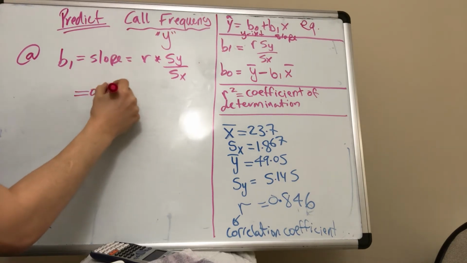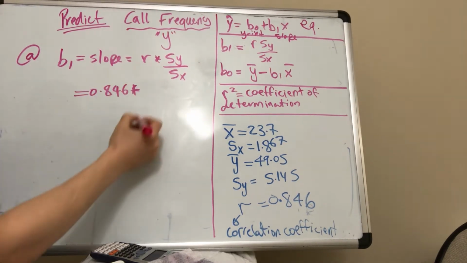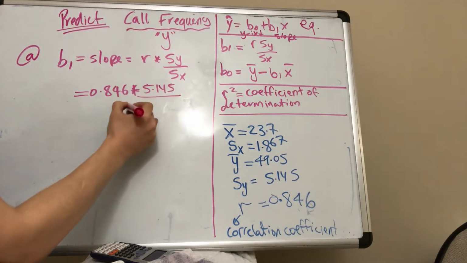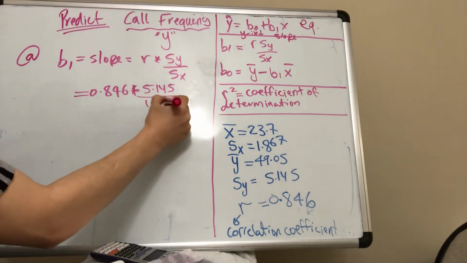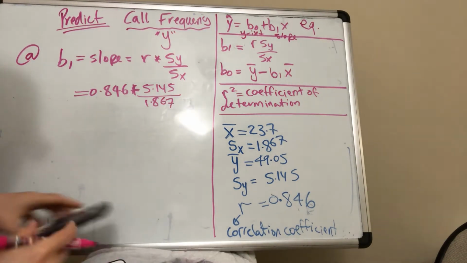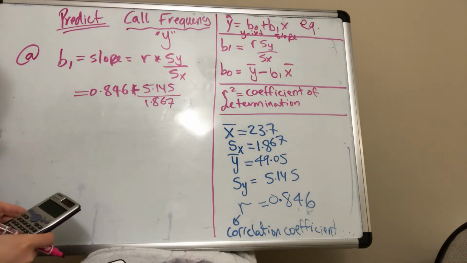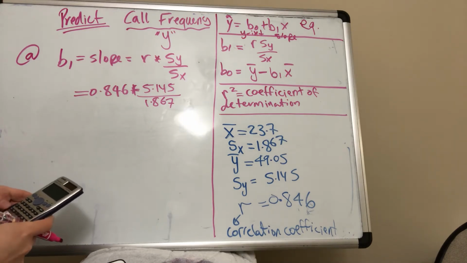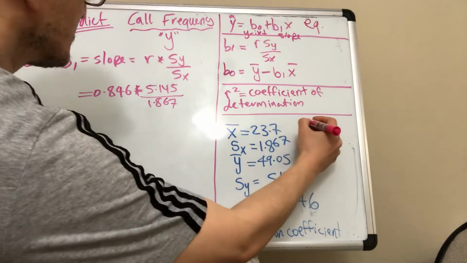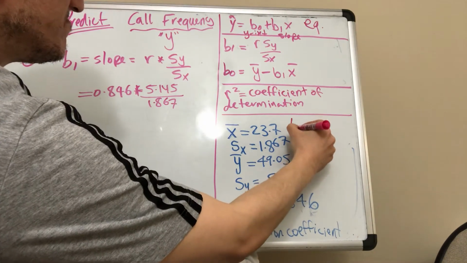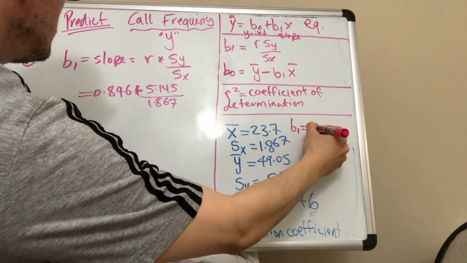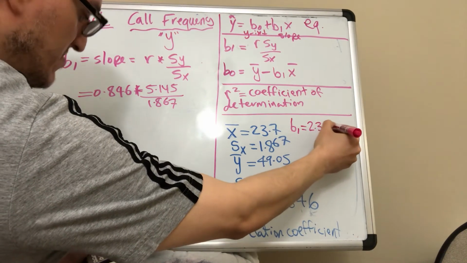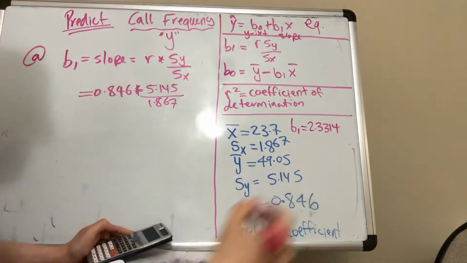So you take the .846, your sy is 5.145, and your sx is 1.867. So I do the calculation here, .846 times 5.145 over 1.867. So your b1 is 2.3314. That's your b1.